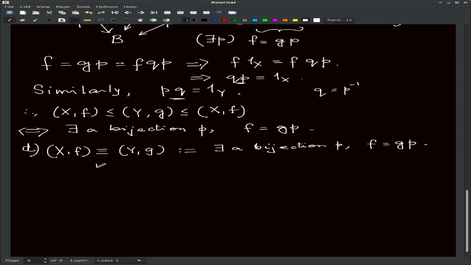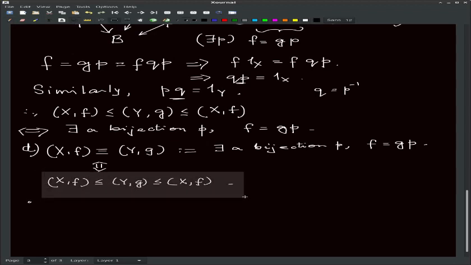What does it mean? This actually means xf, this previous statement over here. It is this and this, right? This is exactly from C. Now this is an equivalence because obviously if you take xf equals xf, let me copy this.